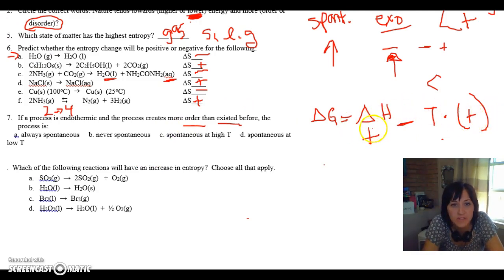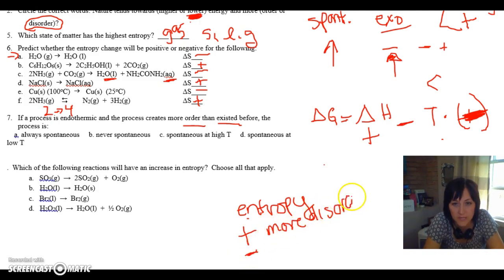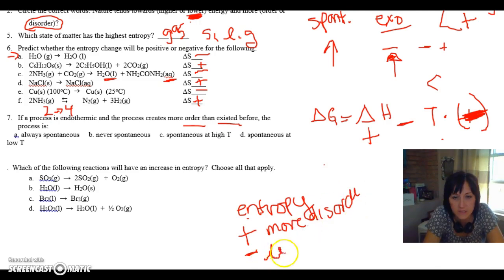So it favors endothermic, which is positive, but it has more order. So it has a negative entropy. That's where I gotta keep them in track. So entropy, disorder, positive is more disorder, and negative is less disorder.